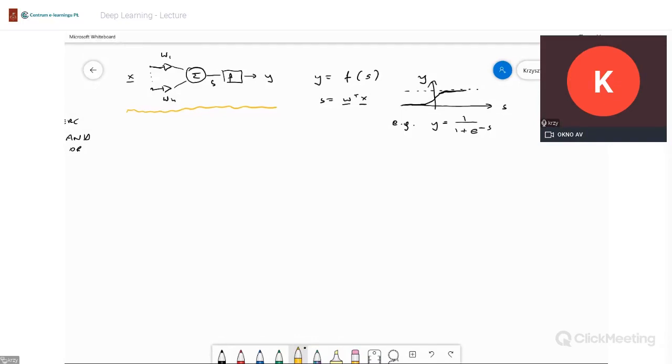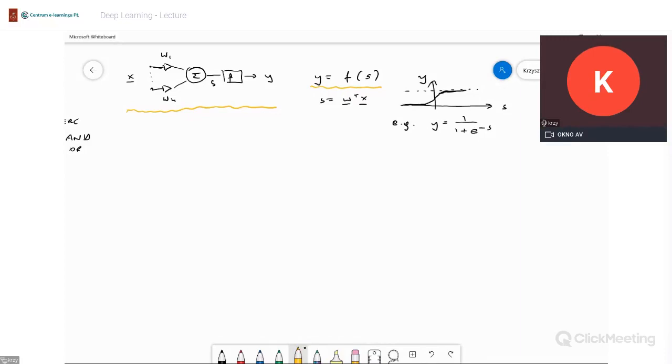So y is the output, and it is related to the input via a nonlinear transformation. If I would like to express it mathematically, this will be this transformation.